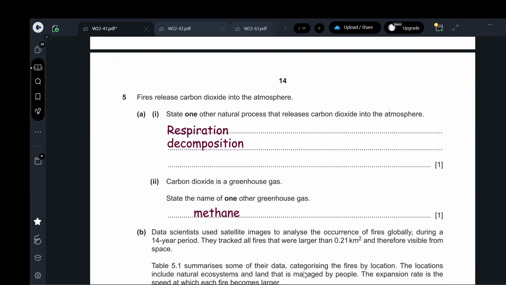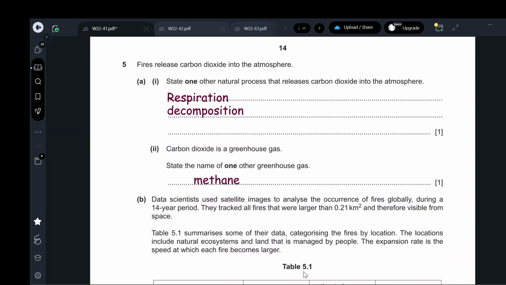Data scientists used satellite images to analyze the occurrence of fires globally. Sometimes fires occur in forests. During a 14-year period, they tracked all the fires that were larger than 0.21 square kilometers and therefore visible from space.